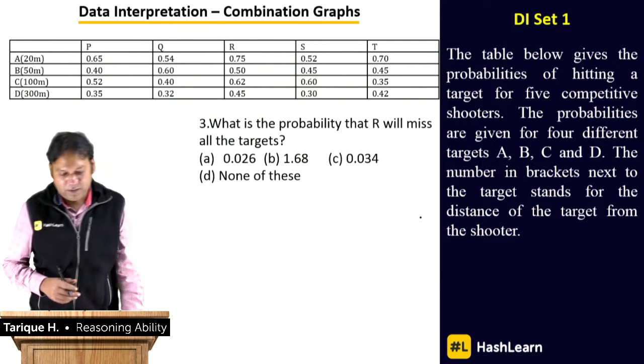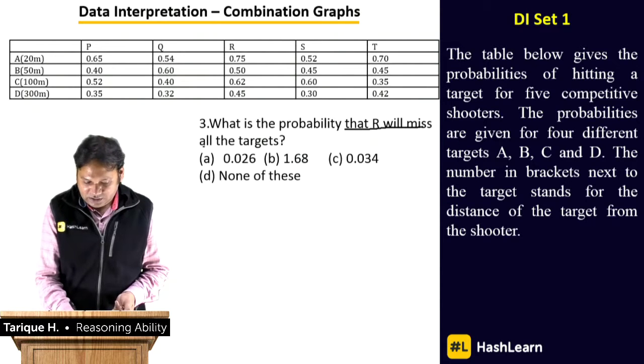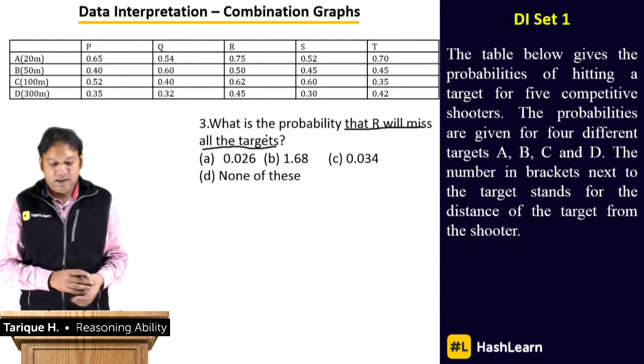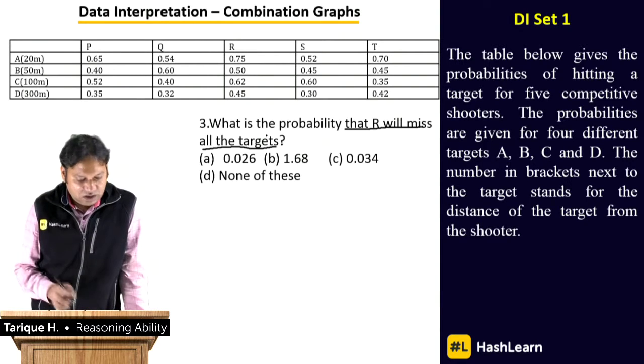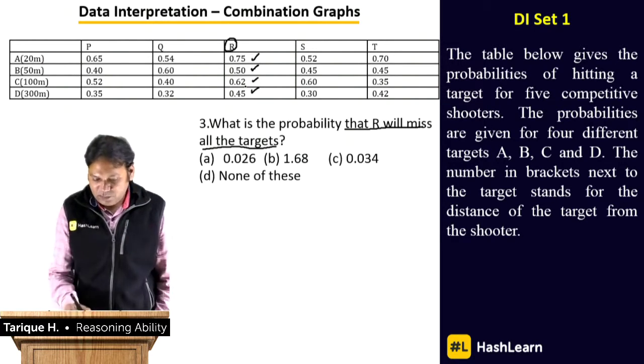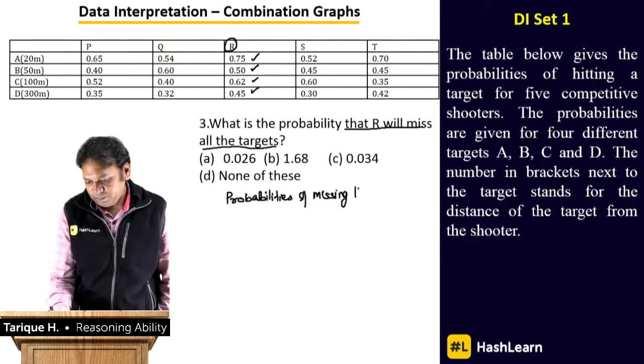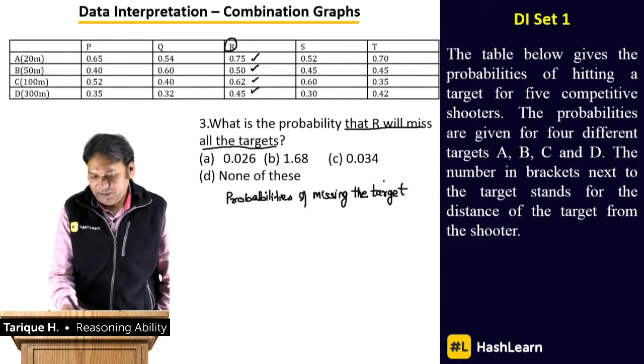Let's move to question number 3. What is the probability that R will miss all targets? So we're talking about R here, and these are the required probabilities given to us. So for each of these probabilities, we have to find out the probabilities of missing the target, and that we can do by subtracting from 1.